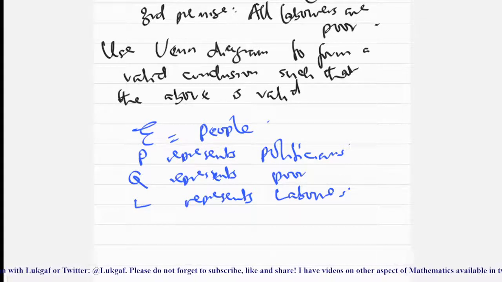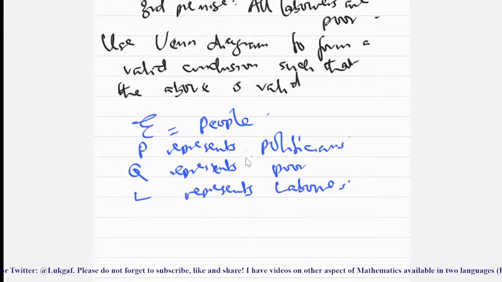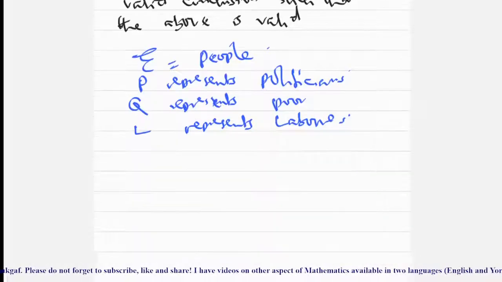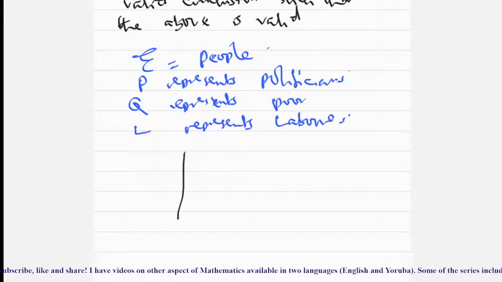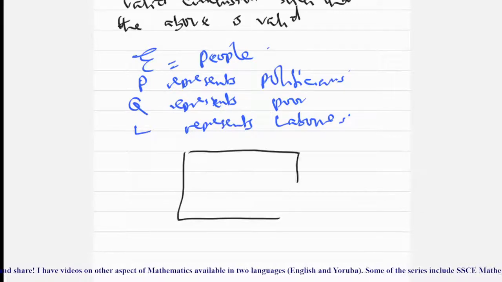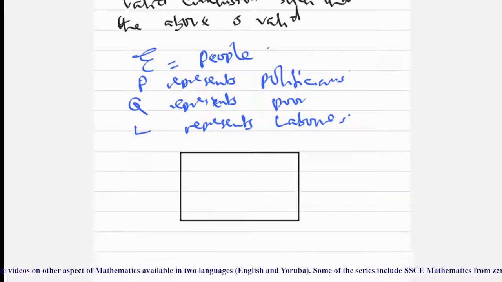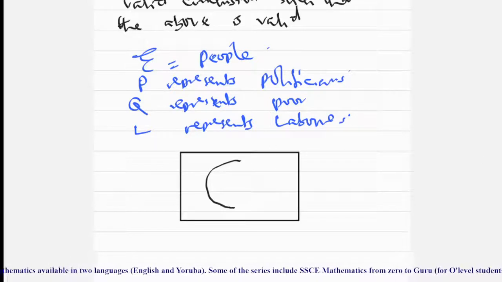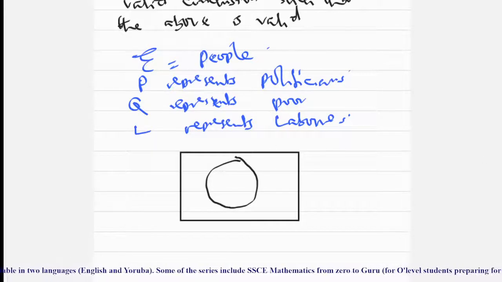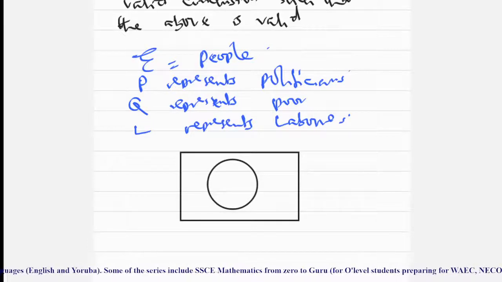So now, first thing to do is to draw your universal set. Your universal set will be in the form of a square or circle. Then you have your square like this. I hope you understand now.